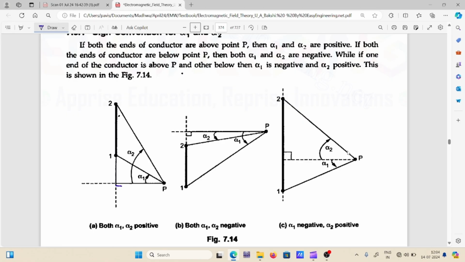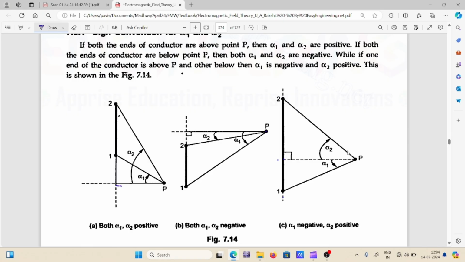And see this diagram where this is a right angle, means the distance from the point P to the origin. And when we see the conductor, both ends are placed below the observation point. Means alpha 1 and alpha 2 both come negative. Both we have to consider negative. And next, when we place a conductor like this, where the observation point is midway, in the perpendicular direction, z1 is below and z2 is above.